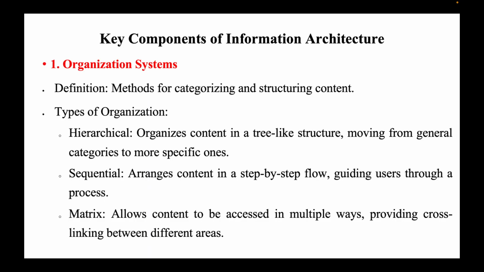Next, key components of information architecture. First one, organization systems. Hierarchical organization, content is arranged in a tree-like structure, moving from general categories to more specific ones. Second organization is sequential.